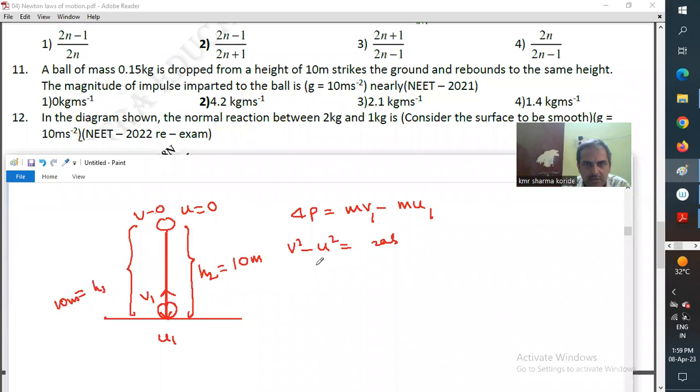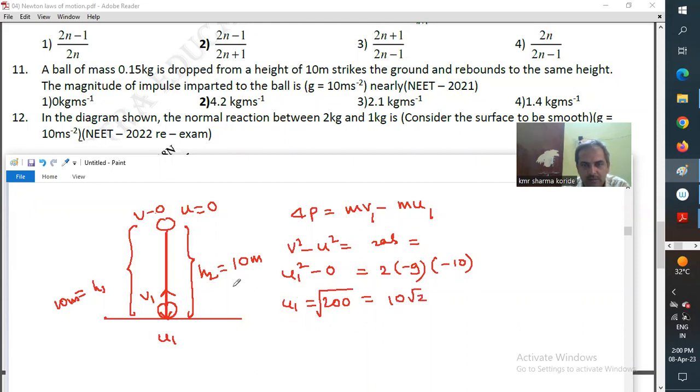So the initial velocity is 0, and the final velocity u1 square is equal to, since it is coming down, minus minus 2g h1. This is 2 into 10 into 10, so this is 200. So u1 square is 200, so u1 is root 200, which is 10 root 2 meters per second.